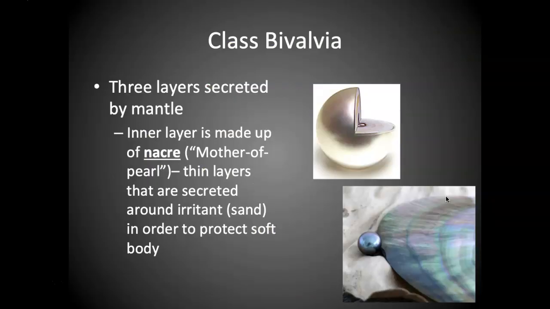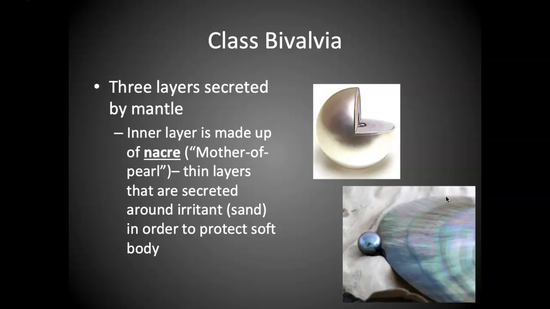With our bivalves, they actually will have three layers that are going to be secreted by the mantle. The innermost layer is known as nacre. Nacre is sometimes also called mother of pearl. This is what will actually create the pearls within our bivalves. Thin layers start to build up over an irritant like sand or maybe some other type of sharp object.